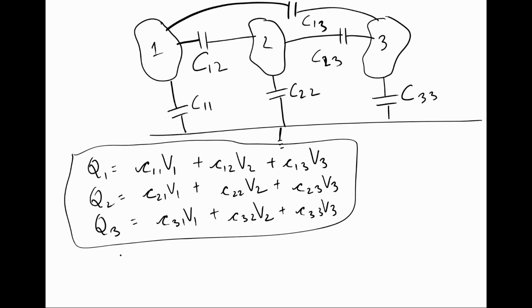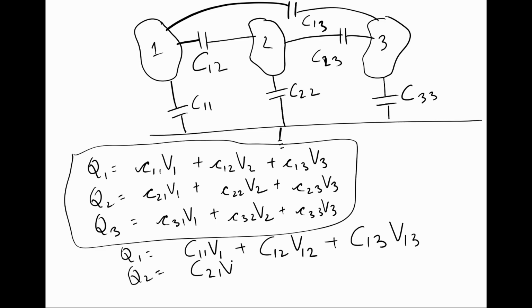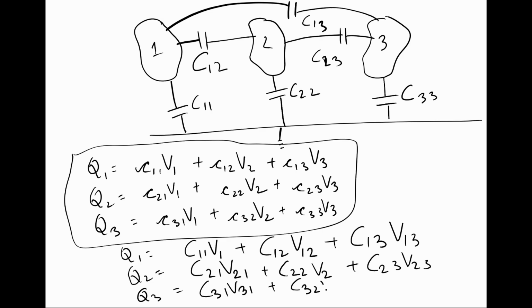Now from circuit theory, we can also write that Q1 is equal to capacitance C11 V1 plus capacitance C12 times the potential difference between 1 and 2 plus C13 times the potential difference between 1 and 3. Similarly, Q2 can be written as C21 V21 plus C22 V2 plus C23 V23, and the third one can be written as C31 V31 plus C32 V32 plus C33 V3.